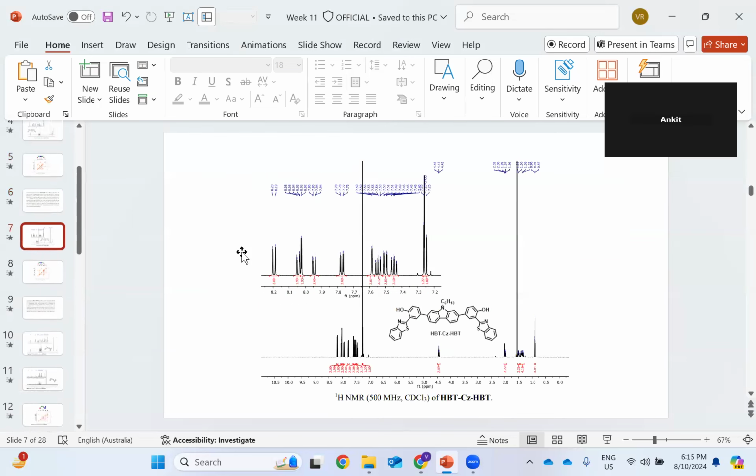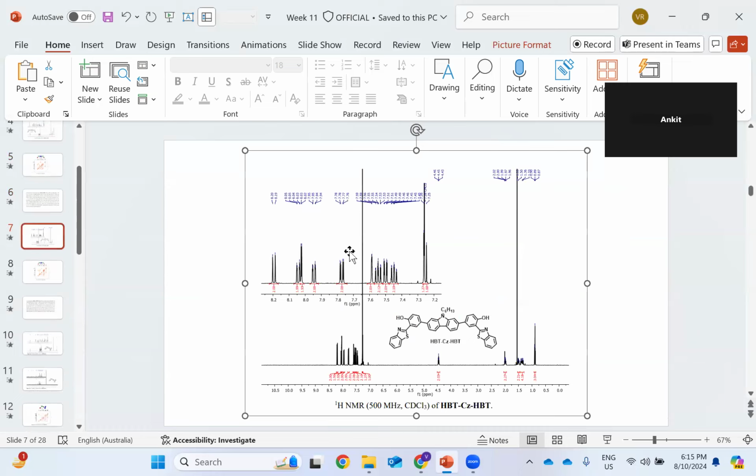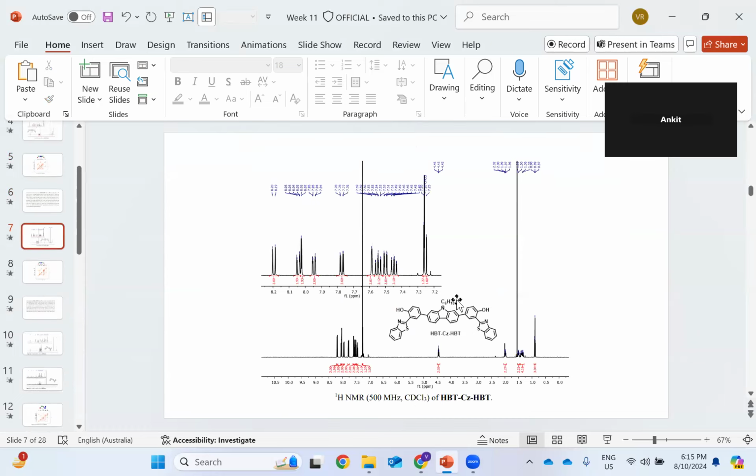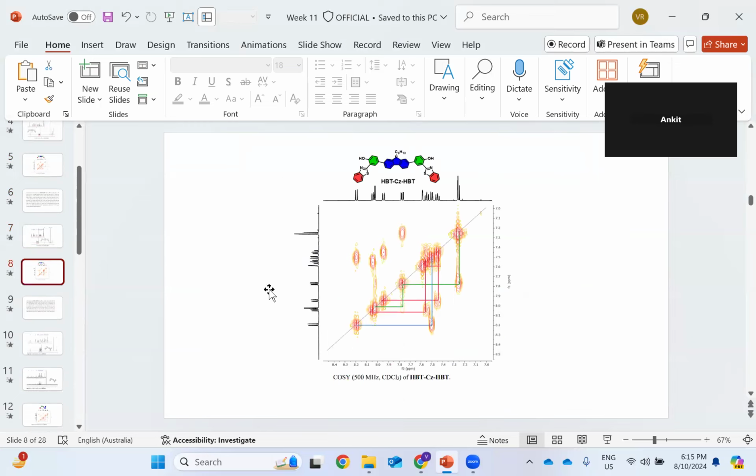Next, I have added another example of a similar molecule which has alkyl chains as well. Last time I forgot to mention that I showed these 2D NMR spectra only from 7 to 8.4 ppm. I took only the aromatic region because the aliphatic region contains only the alkyl chains.